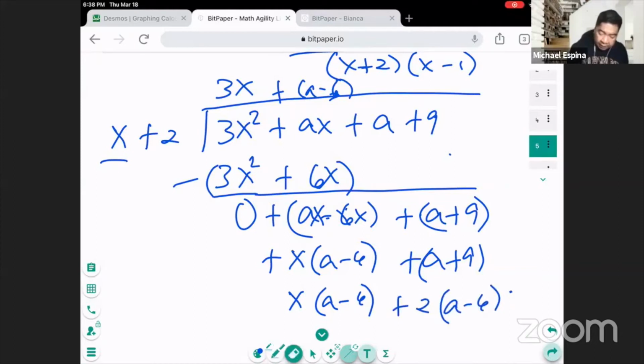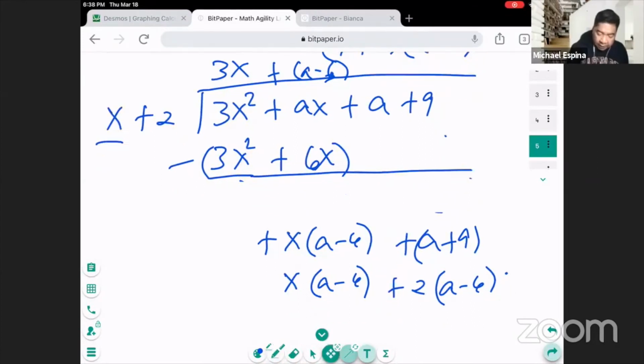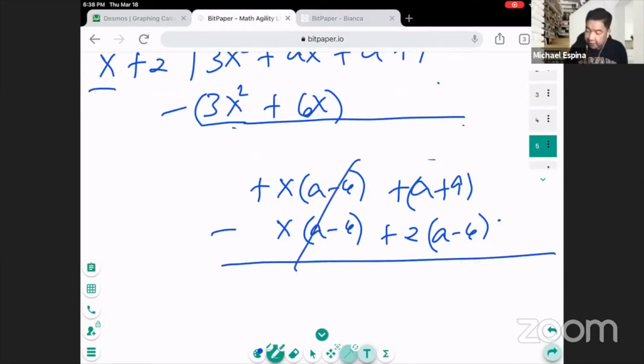Okay, let's try to erase this so it's not confusing. Okay, so let's try to subtract. So this would become 0. So this is a plus 9 minus 2a minus quantity minus 2a minus 12, right?